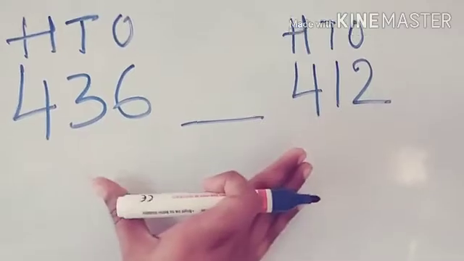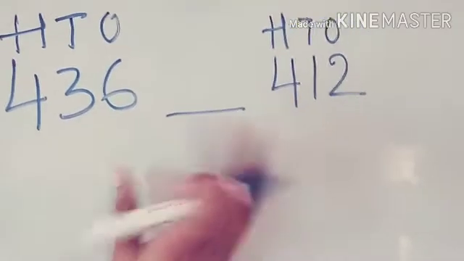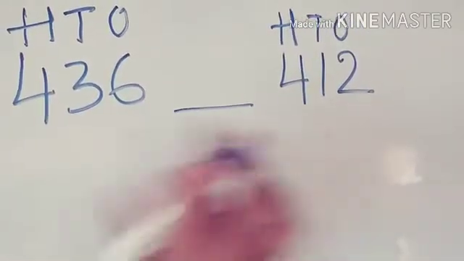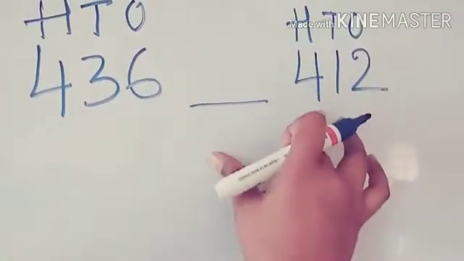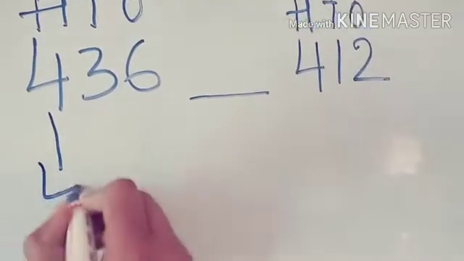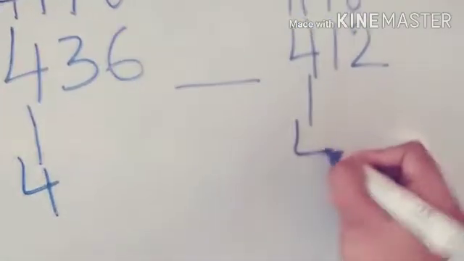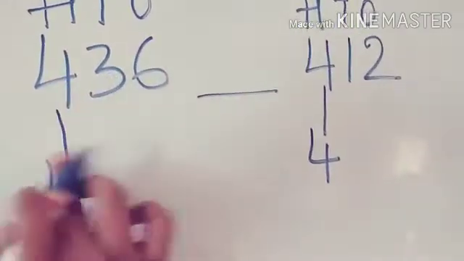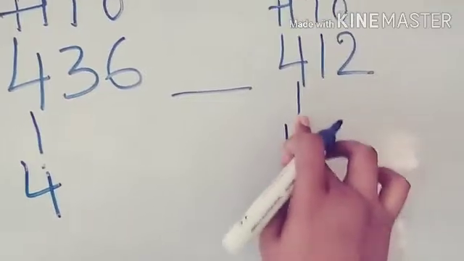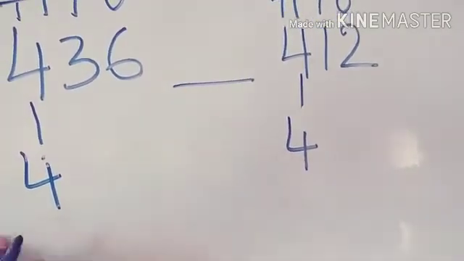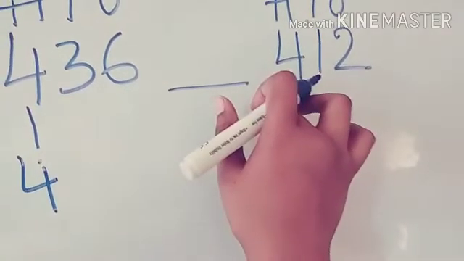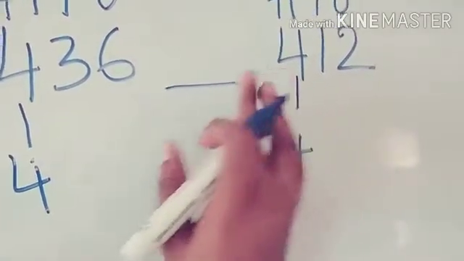Students, you already know that first we compare the numbers at the hundreds place. So here it is 4 and here it is 4. In the hundreds place, here it is 4 and here also it is 4. So the numbers at the hundreds place are the same.